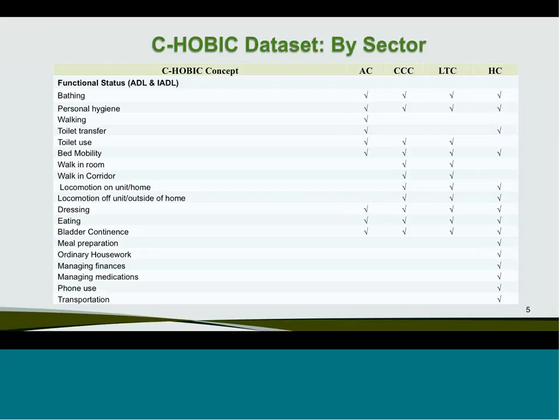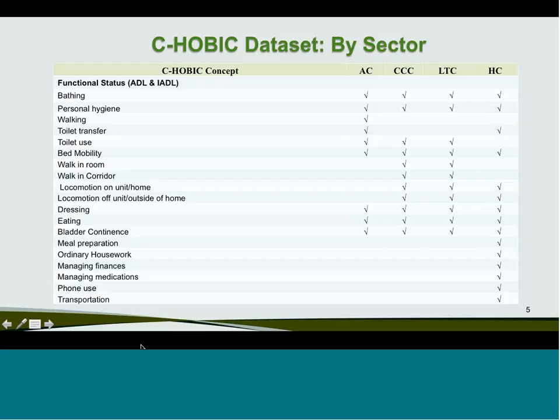Some of them are included in all sectors. Some of them, for example, the walking one here shown, is only included in acute care. Others, the independent activities of daily living towards the bottom, are included principally in home care.